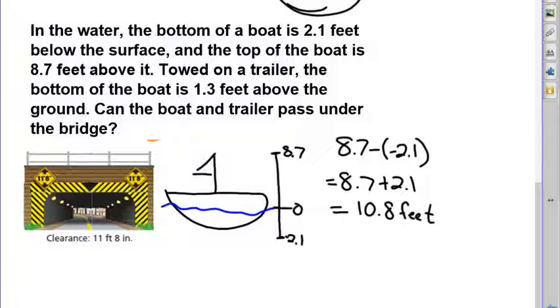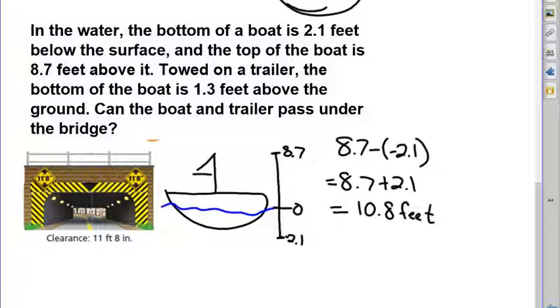Now, to answer this question, it tells us that the bottom of the boat, when it's on a trailer, is 1.3 feet above the ground. Can the boat and trailer pass under the bridge? So we need to do one more addition problem.